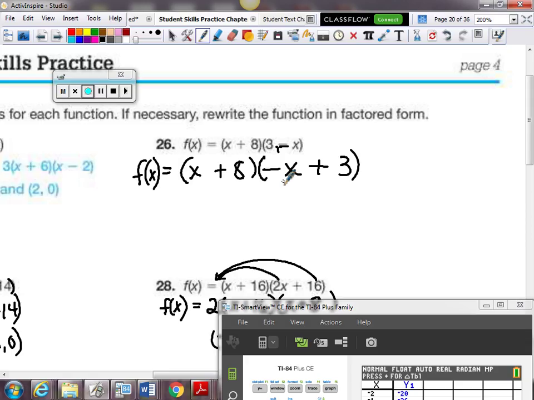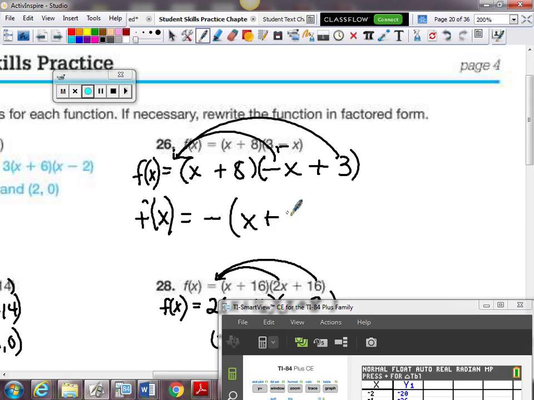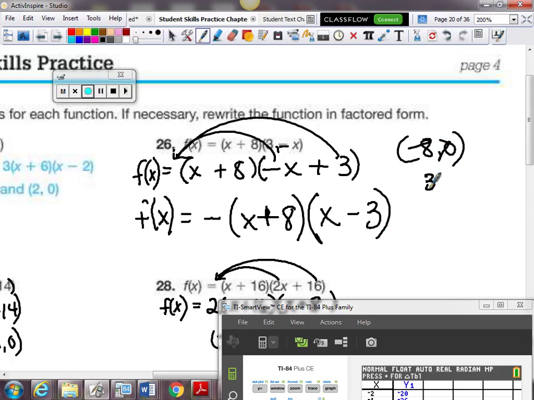So that means I'm factoring a negative out of both of those. Now, it doesn't impact the x plus 8. That's a different parenthesis. That stays the same. This negative x, I factored out the negative, so I'm just going to have positive x. Positive 3, if I factor out a negative, would be minus 3. Now I can write my zeros. Negative 8 and 0, and positive 3 and 0.